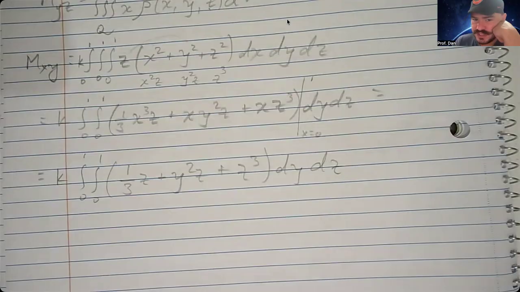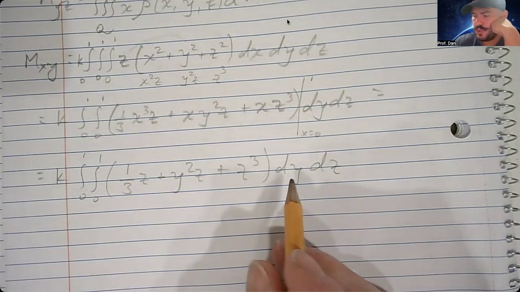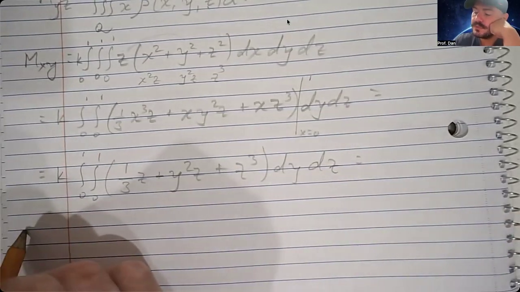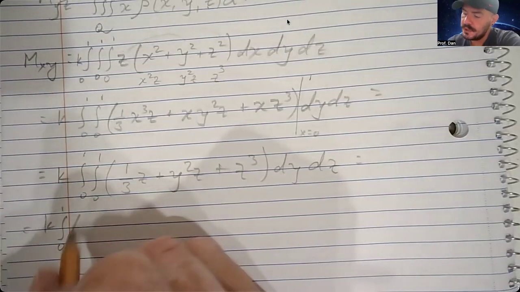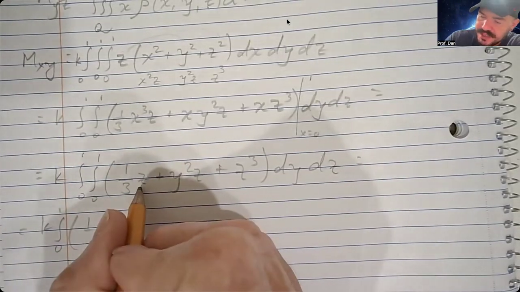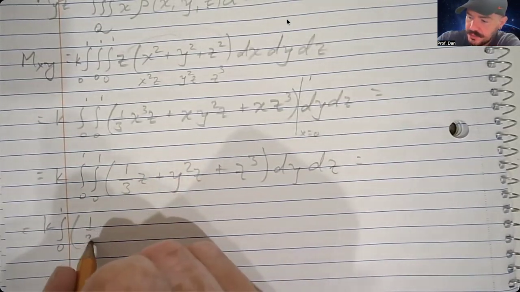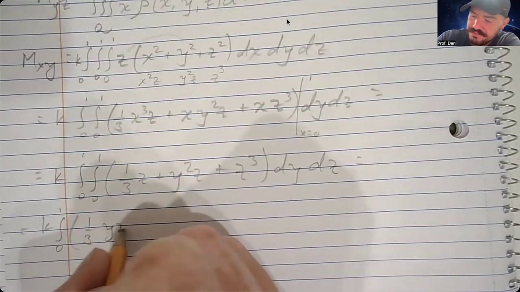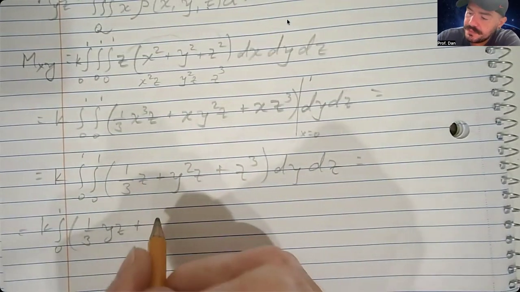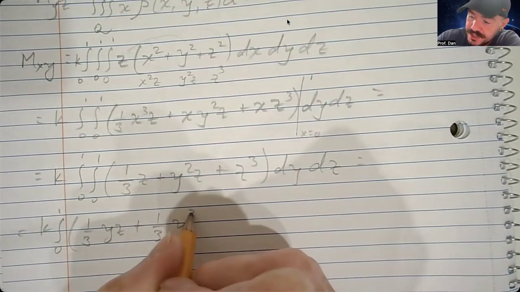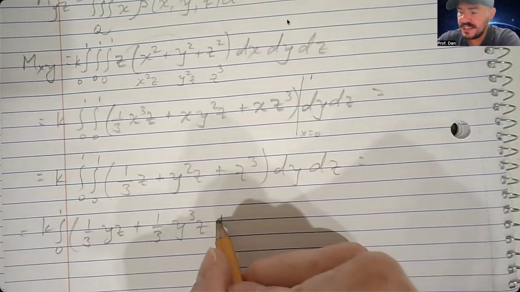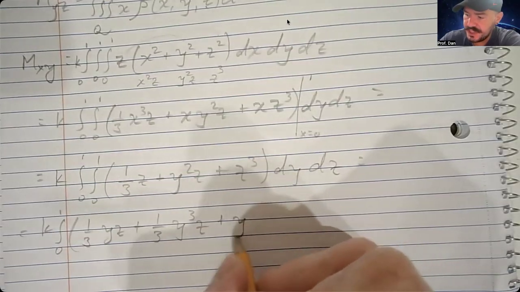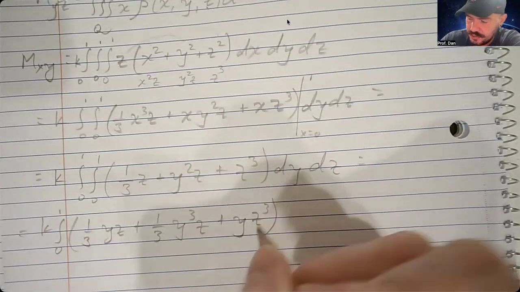And now I go to the second integral where I take the integral with respect to y. Okay, so for the first term, that doesn't involve y, so 1/3 yz. Second one, 1/3 y cubed z. Third one, that doesn't involve y, so the antiderivative will be yz cubed.